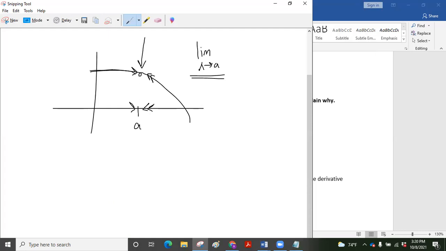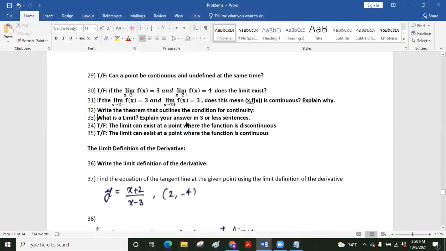So the basic idea is that the limit is an observation, and it allows us to judge what the y values are approaching as we get closer and closer to a, as we input values of x into the function from both sides. So it's an observation of what we're approaching.